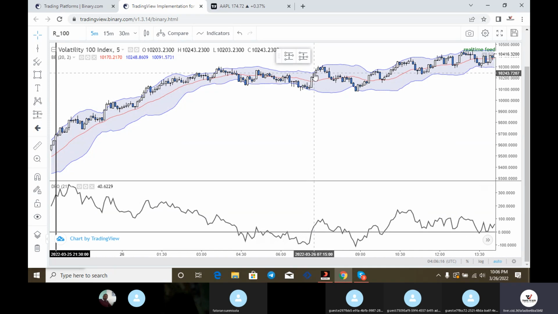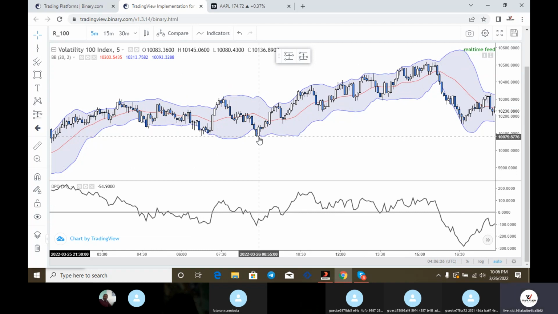Now the distance between where you're going to place your buy position and the stop loss is far. So we are not going to take this particular trade. And look at this particular one. Okay, the distance is also far. When DPO did break out, we had that distance.